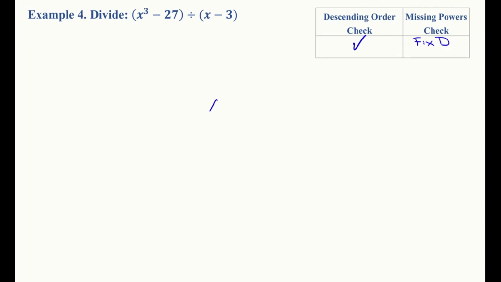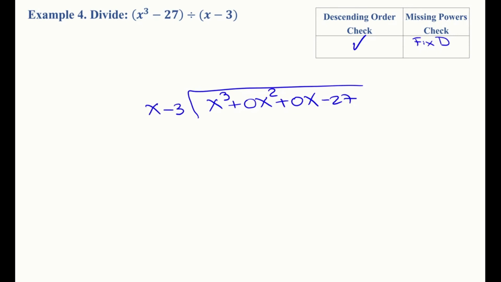We're going to write it as x cubed plus 0x squared, that's our filler for the second degree term, plus 0x, that's our filler for the first degree term, and then minus 27. And the divisor we just write as it is.